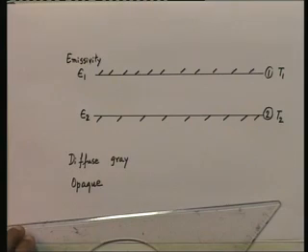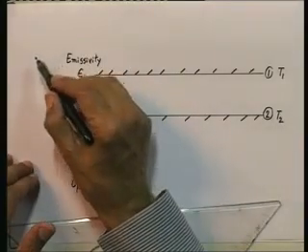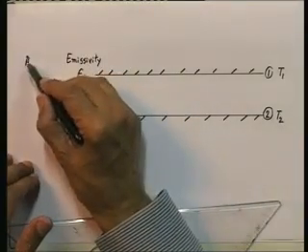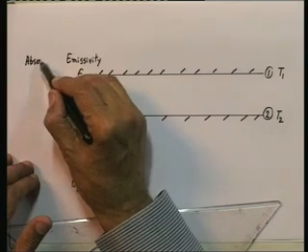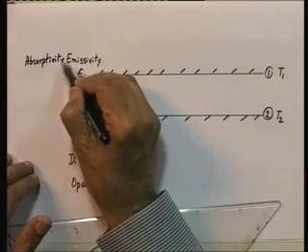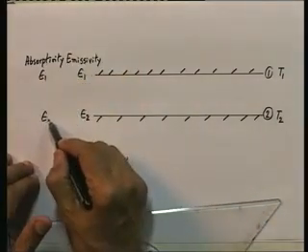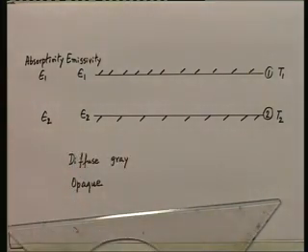It follows from Kirchhoff's law, since they are diffuse gray surfaces, that the absorptivity is also epsilon 1 and epsilon 2. Emissivity is equal to absorptivity because they are diffuse gray surfaces and opaque.